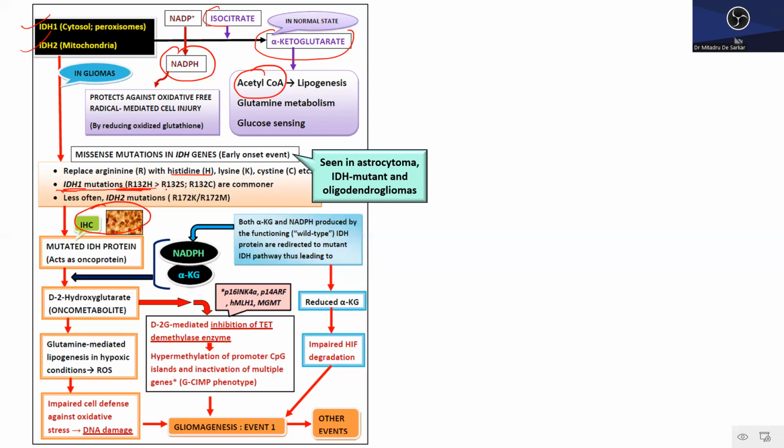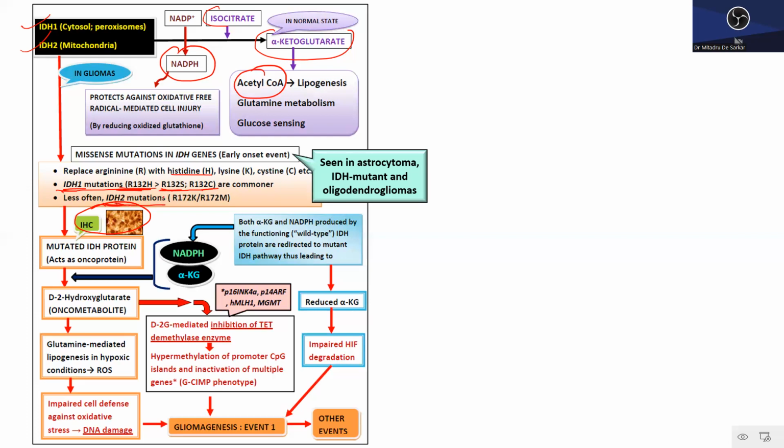But sometimes you can come across less common mutations within the IDH1 gene, like R132S, R132C, etc. And these are known as non-canonical genetic mutations. And even less often, you can come across mutations in the other gene, that is IDH2.